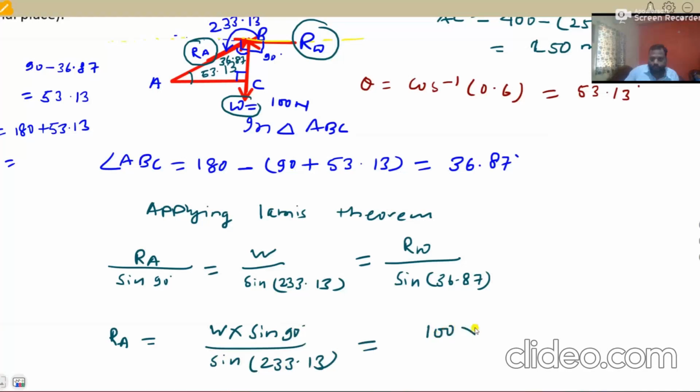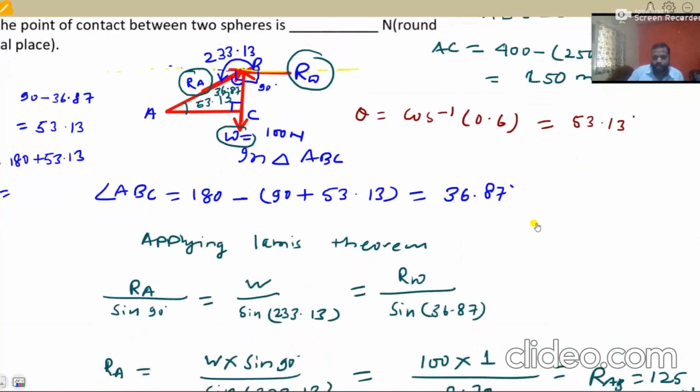Let's suppose W is 100, and sine 233.13 is something like 0.8. If we calculate RA, that will be 125 Newton. This is the answer.